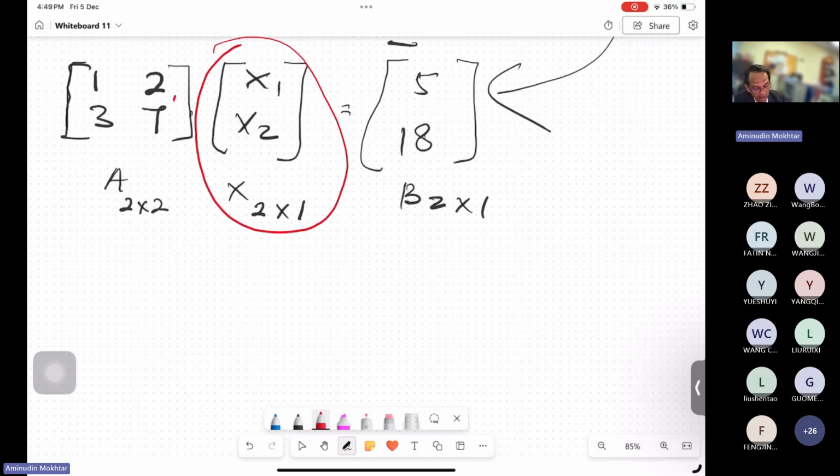In this case, AX equals B. This is the equation, AX equal B in matrix form. What is X?